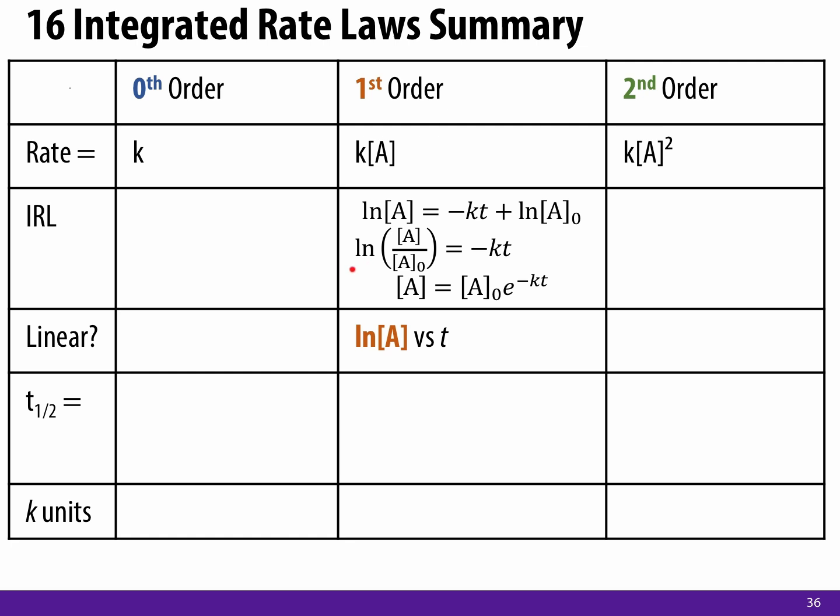If you remember that exponents and ln are inverse operations of each other, you should be able to recognize that this is also a first order integrated rate law. Our linear plot, because this is the integrated rate law, is ln of A versus t, so that's our characteristic of it being a first order reaction.